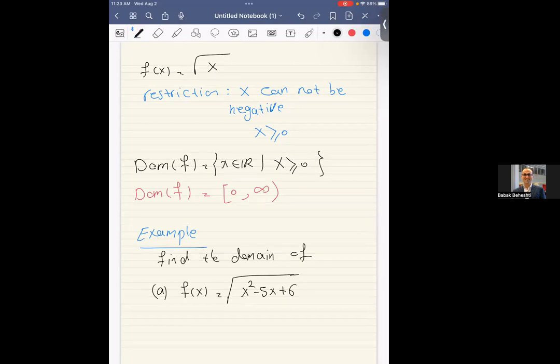What is the restriction for the square root? Inside the square root must be nonnegative. So the restriction is that x squared minus 5x plus 6 must be greater than or equal to 0. Now here you have a quadratic inequality, as we discussed yesterday. So you need to be able to solve this type of inequality.